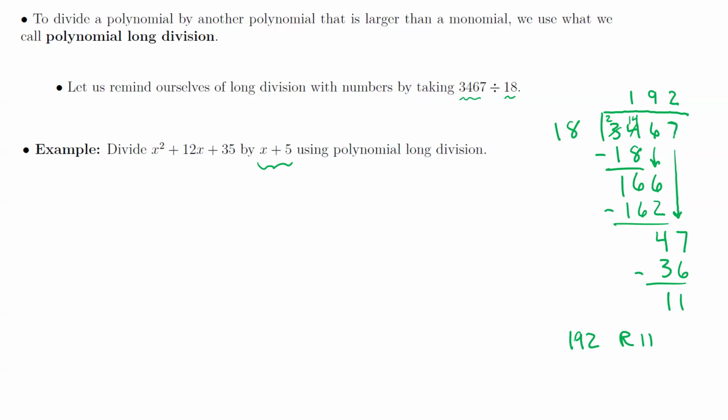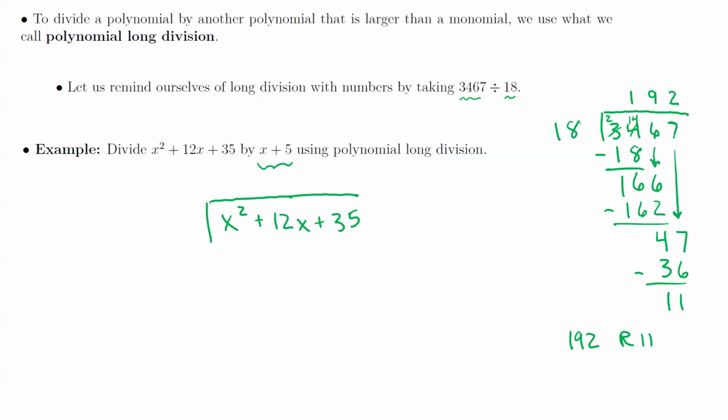Okay, so we're not going to be doing a whole bunch of this, but what we will be doing is applying the principles that we use in the long division algorithm to dividing polynomials. So what we're going to do is put the polynomial we're trying to divide inside of that same long division symbol that we used over here.